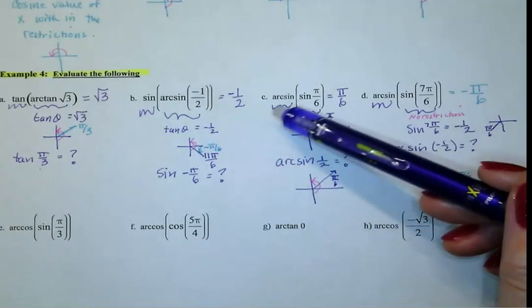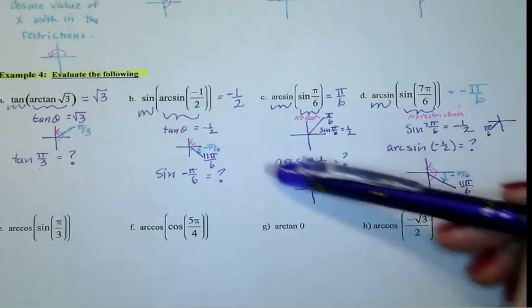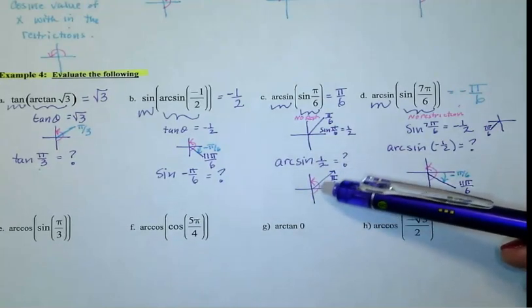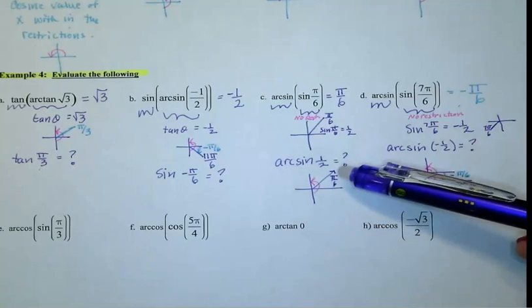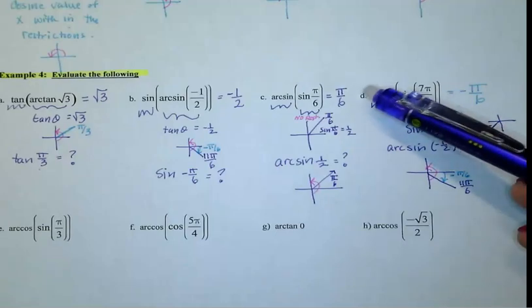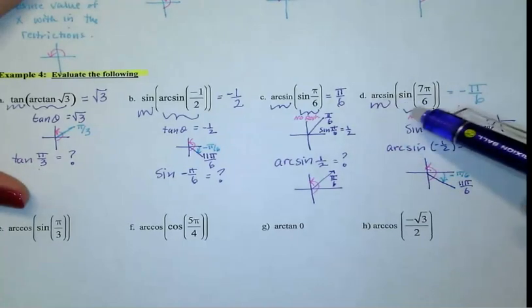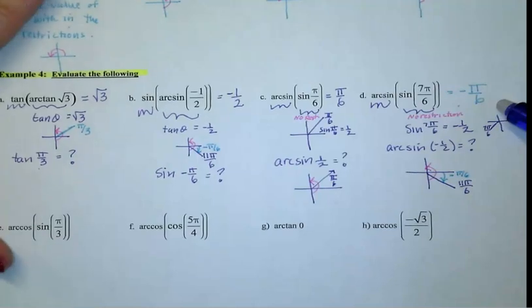But then you're looking at arc sine of +1/2, so that is restricted. So this piece would actually need a graph. So our restriction goes from -π/2 to π/2. We're going to find that angle right in here that has a sine value of 1/2. So my answer is π/6. So notice in this particular problem, just because it's arc sine and sine, it did not unwind and end up with being 7π/6.